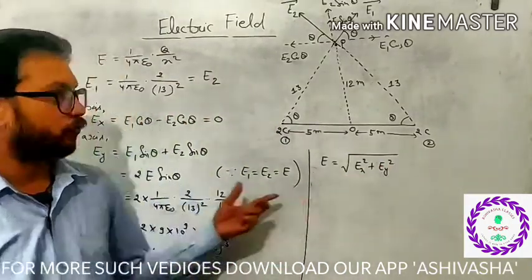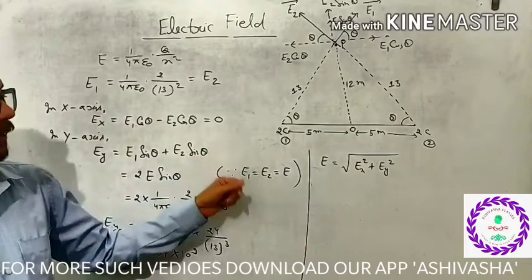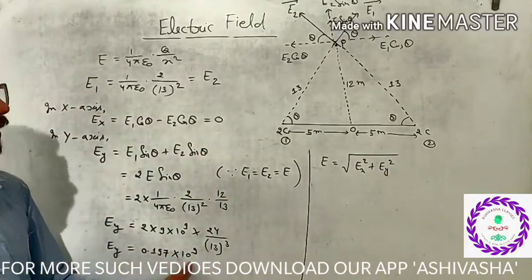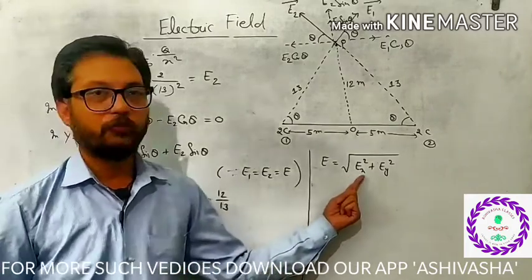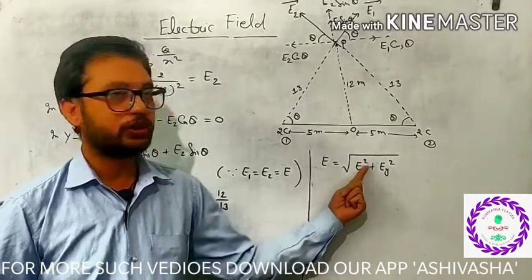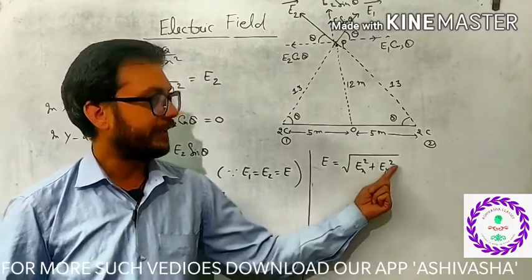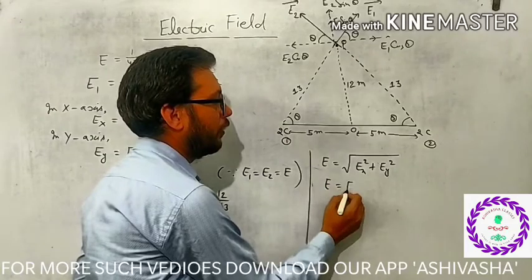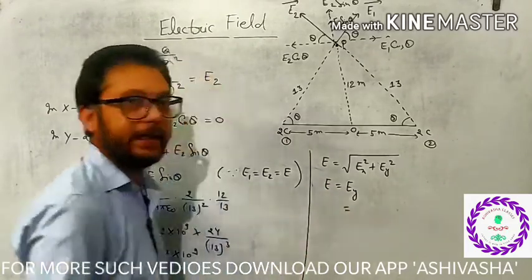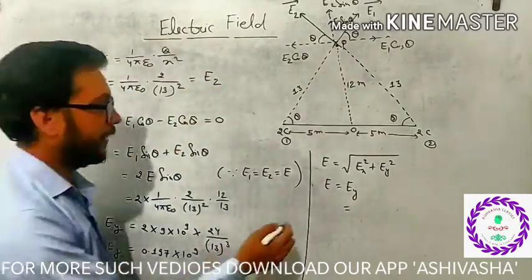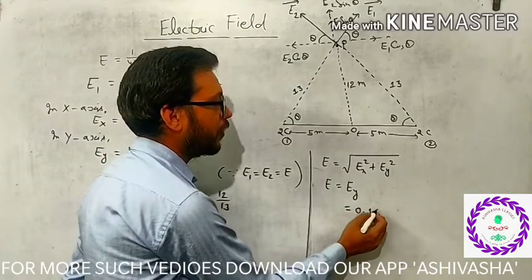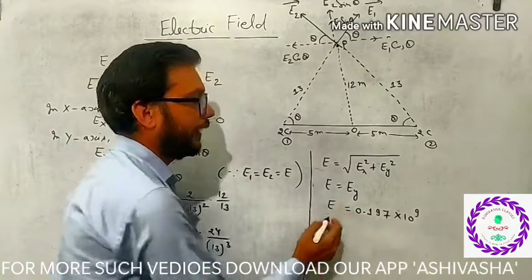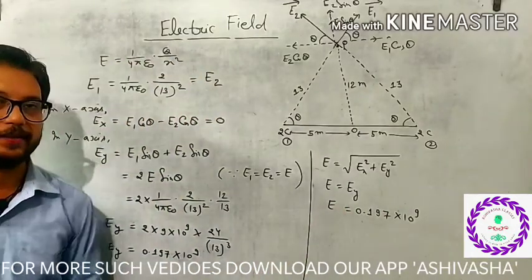Now Ex is 0, and Ey is 0.197 into 10 to the power 9. So when we put the value, 0 square is 0, Ey square comes out, and we have E equals Ey, that is 0.197 into 10 to the power 9. So it will be your final answer.